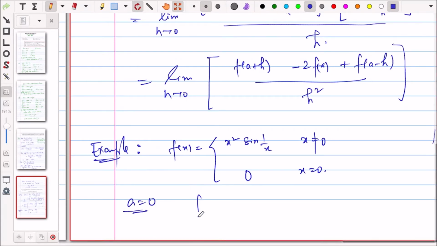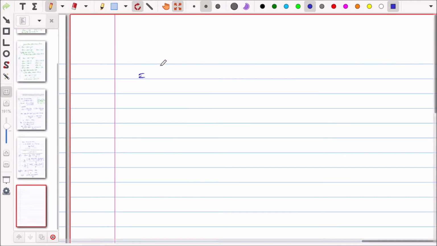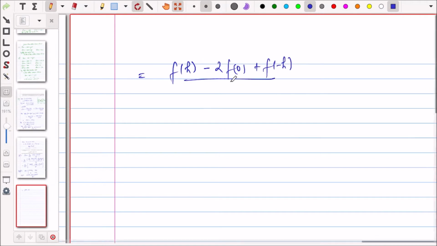So f of a plus h minus 2f of a plus f of a minus h by h square is equal to f of h minus 2f of 0 plus f of minus h upon h square. So this is h square sine 1 by h minus 0 plus h square sine minus 1 by h, by h square.